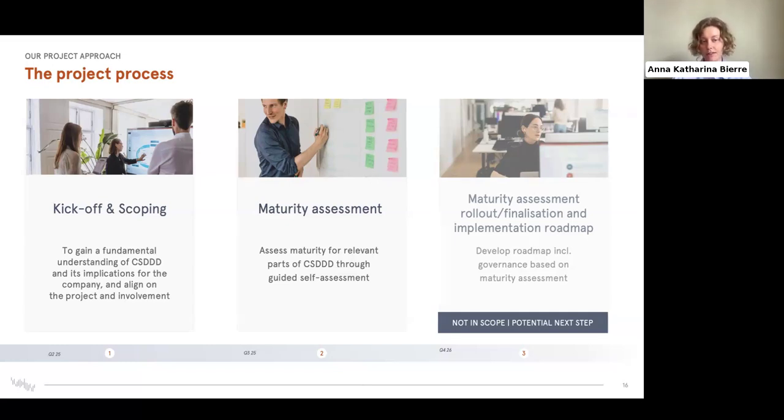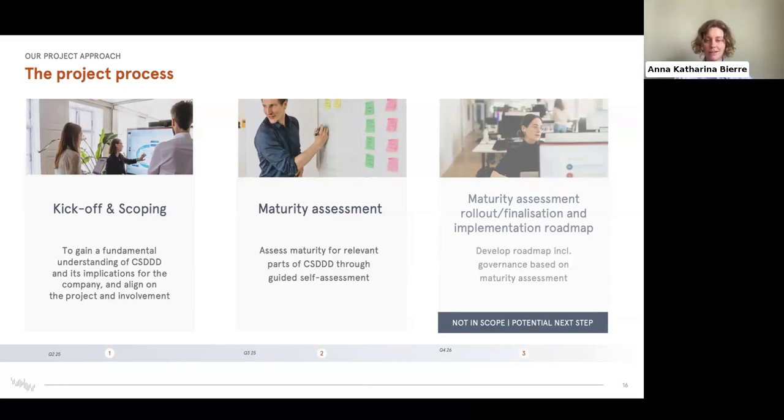But in this context, it's essentially for the client to gain a fundamental understanding of CSDDD and also align on the project and involvement. So here, typically, there is a big element of upskilling a wider group within the company, and also having them understand, okay, now this project is going to happen. What is our role? Then it's, of course, also for enabling the client to conduct the maturity assessment using the tool that we have developed.